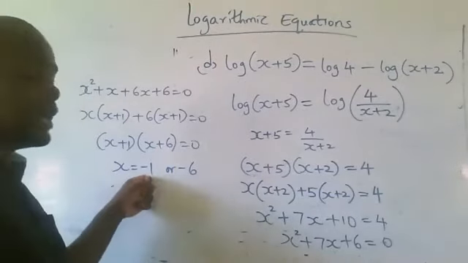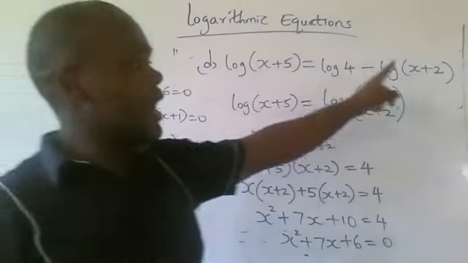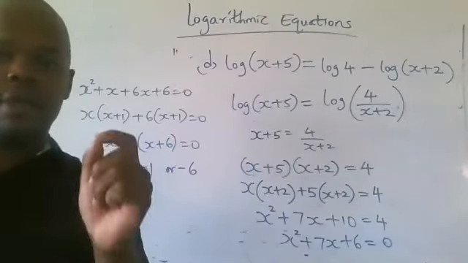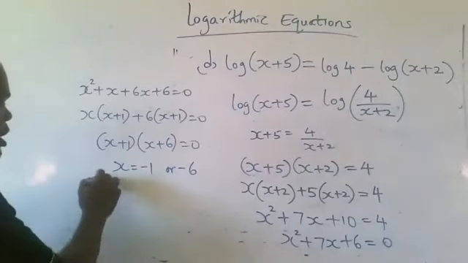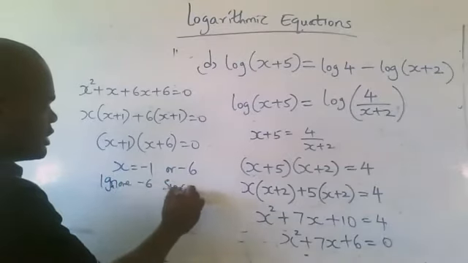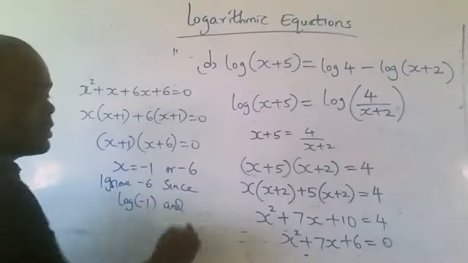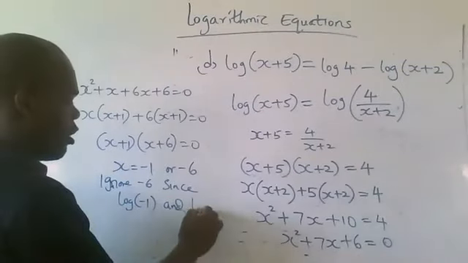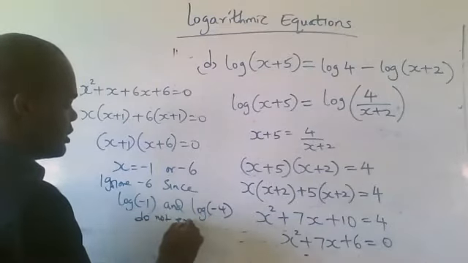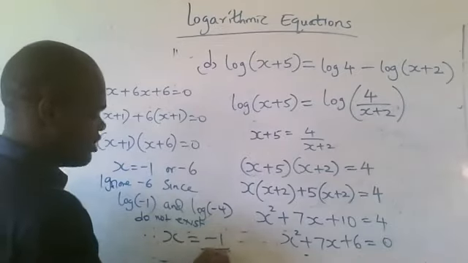But if I put negative 1 here, I'll have log 4, and here I'll have log 1. So negative 1 satisfies the equation. So you ignore negative 6, since log of negative 1 and log of negative 4 do not exist. Therefore, x is equal to negative 1.